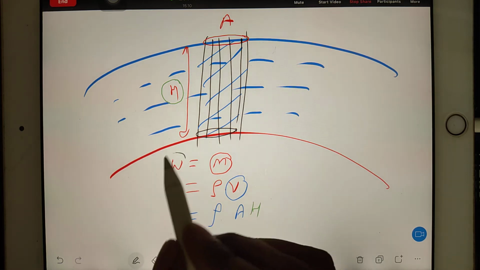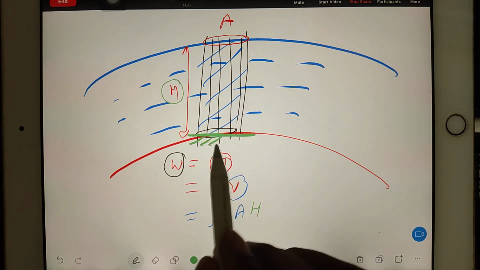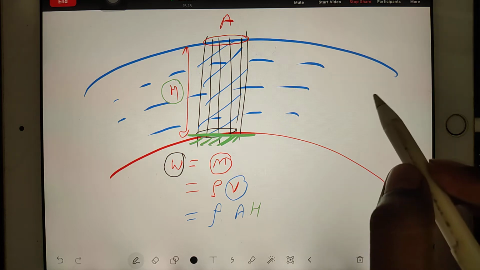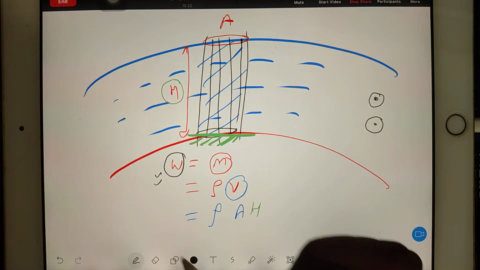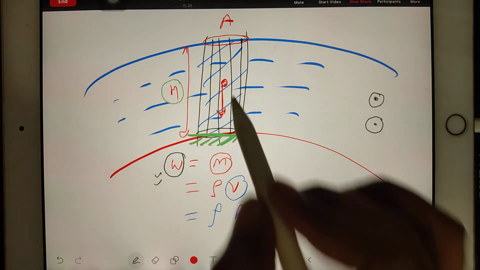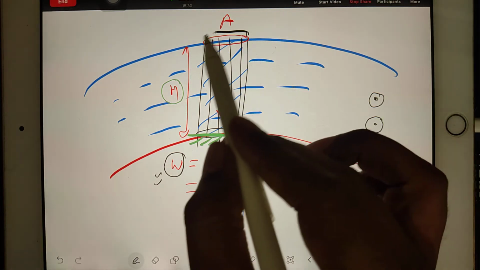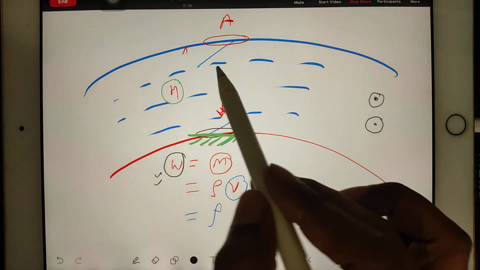And you know this weight, where will this weight act? This weight will act exactly here at the surface, right? Just like we have a center of mass, in the same way we have a center of gravity, the location where the entire weight acts. So we can consider the entire column as a point where the weight is acting.